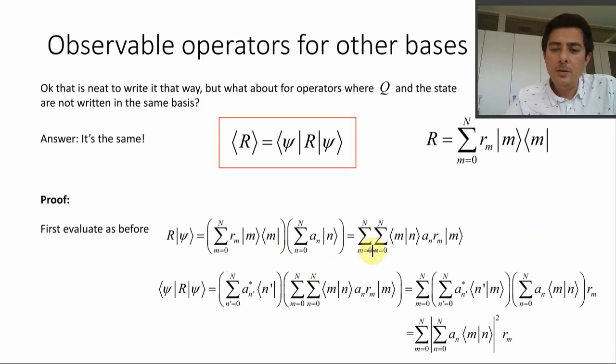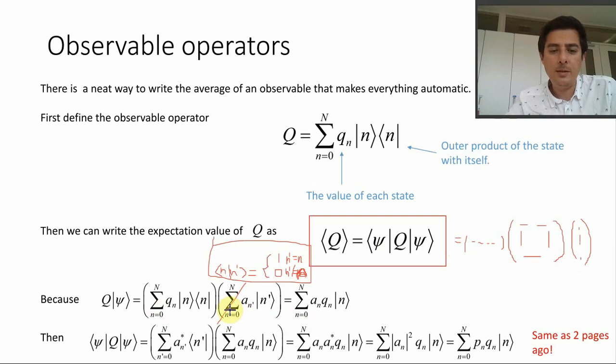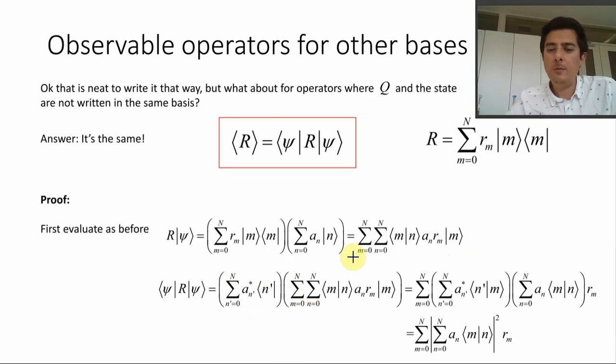So in this case we've got this inner product between m and n, and this is basically as simple as I can get this formula. It's got two sums, whereas before one of the sums was cancelled, since only one of the terms in the sum survived. Now we've got two sums.